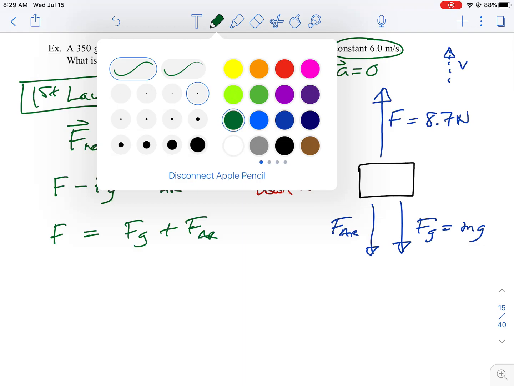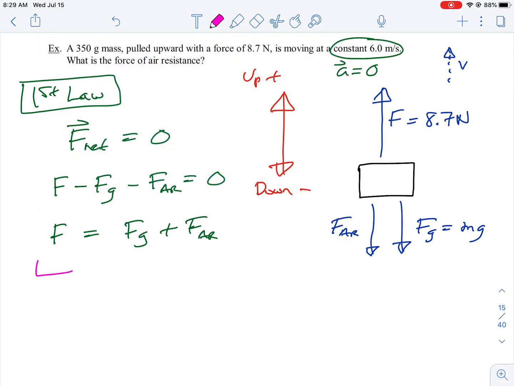And you don't have to write this down, but I'm going to tell you that F represents the upward force, and FG and FAR represent the downward forces. And can you see that the sum of the upward forces must be equal to the sum of the downward forces? And therefore, we call these forces balanced. The forces balance out.